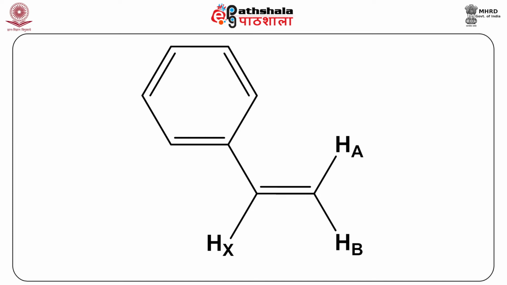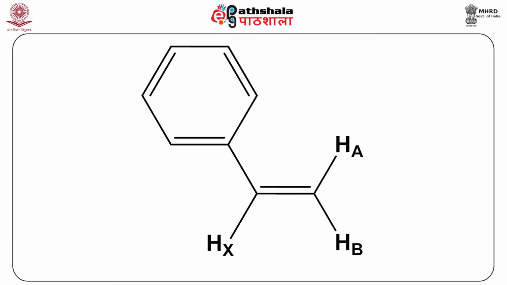The coupling constant between any 2 of the protons, that is JAB, is approximately equal to 2 Hertz, JAX is equal to 11 Hertz, JBX is equal to 18 Hertz, are different, as I have told you.